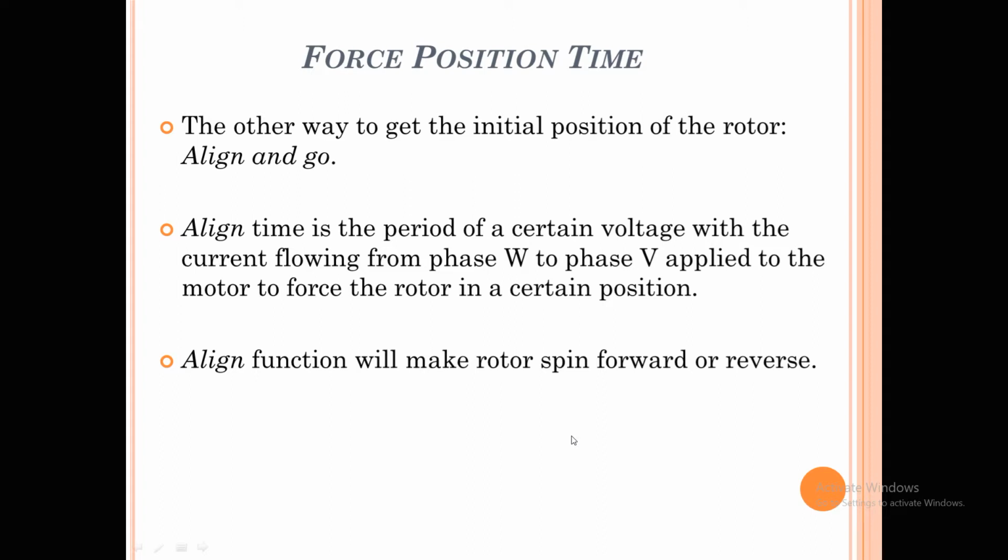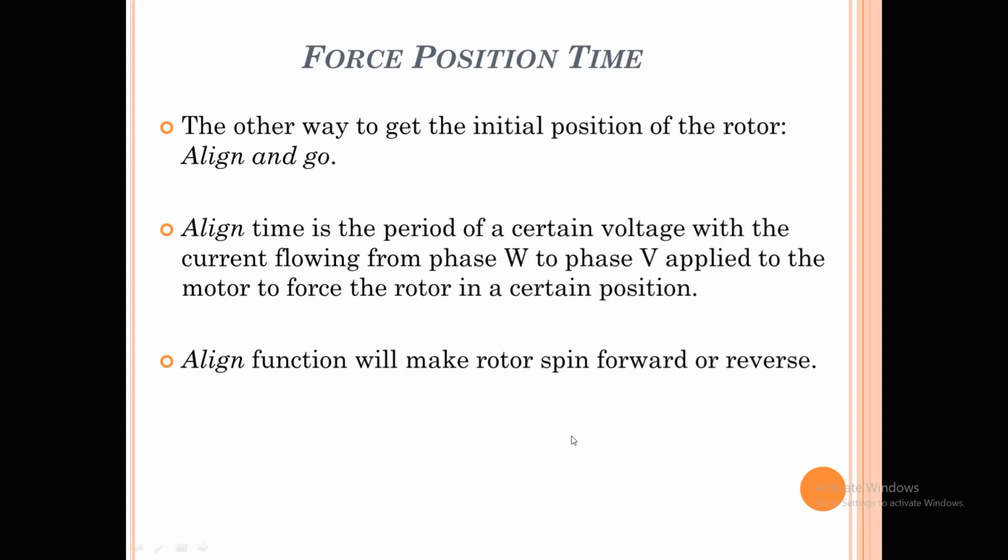In some applications the rotor may go backward, so it's not sufficient to start the motor. In those cases, we need to select the Align and Go method. If going backward is acceptable to you, then you go with Align and Go. If it is not acceptable, then go for the PSD method.